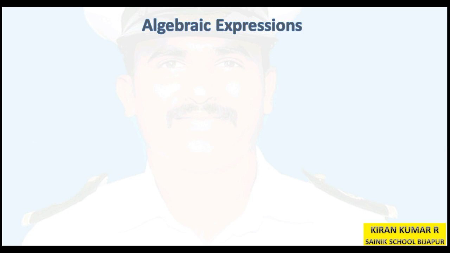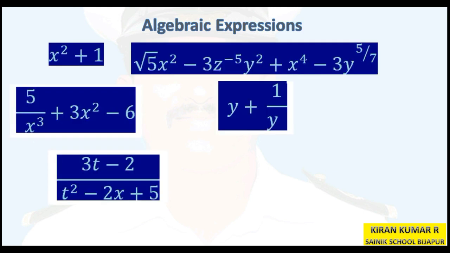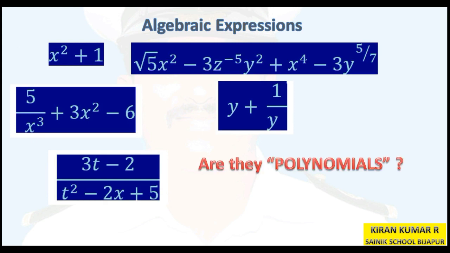Let us take some more algebraic expressions. I am taking few. I have taken 5 algebraic expressions here. Are they polynomials? Can I say that the algebraic expressions which are mentioned here are polynomials?